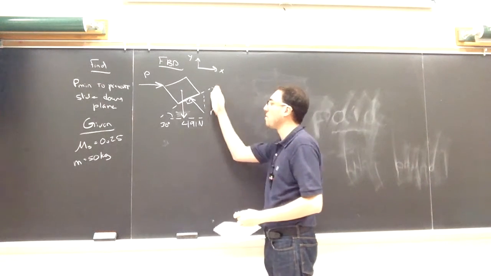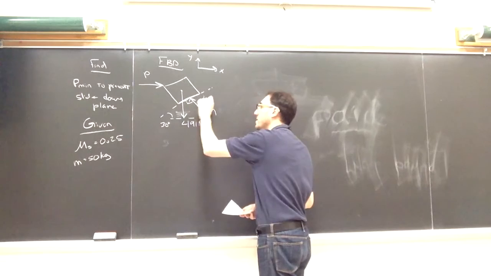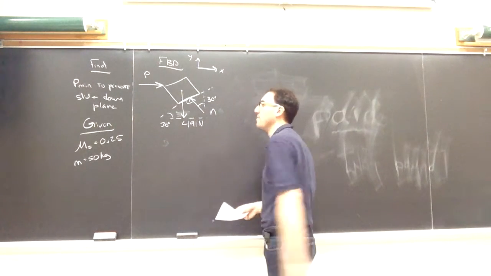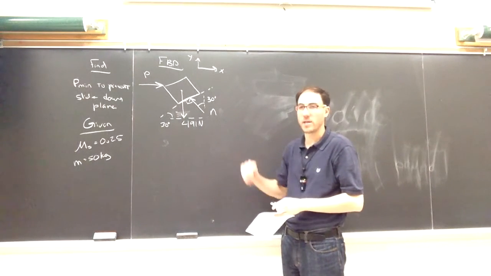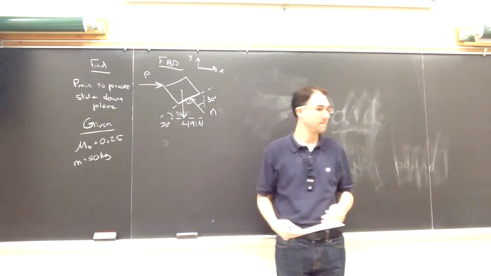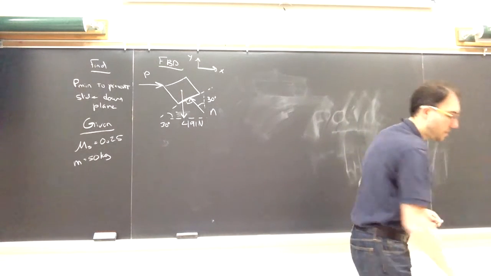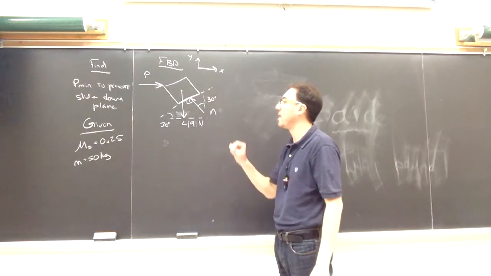And because it's normal to this surface that's 30 degrees from the horizontal, this is going to be 30 degrees from the vertical. Or I could say 60 degrees from the horizontal. Either way, I'm going to get the same result. Weight force, normal force, and an applied force there.